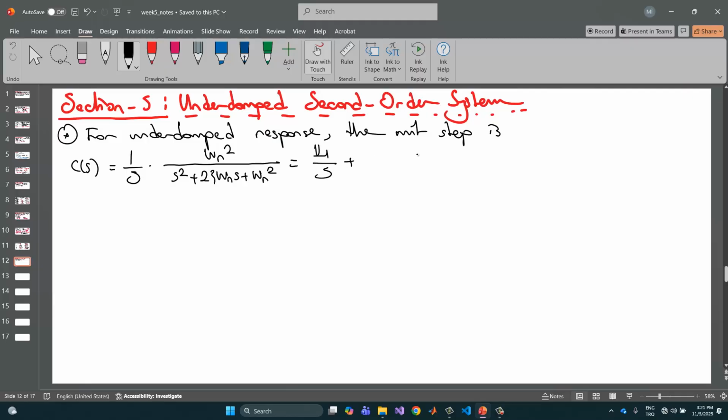K1 over s plus K2 s plus K3 divided by s square plus 2 zeta Wn s plus Wn square. What is it? It's splitting into two parts because we can do this, right?